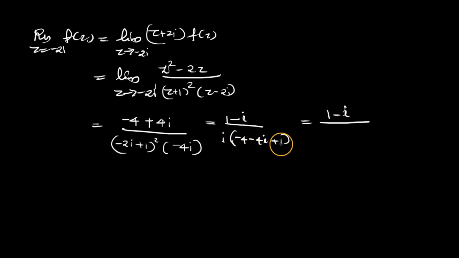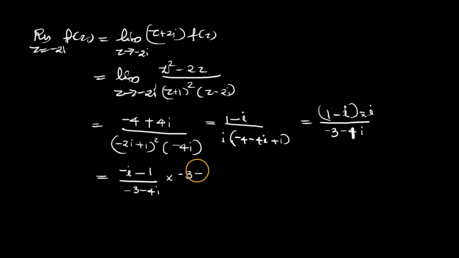So this is equal to 1 minus i divided by i into (minus 4 plus 1, which is minus 3 minus 4i). 1 by i is minus i, so we use minus i into minus i. So this is equal to minus i plus i square, which is minus 1, divided by minus 3 minus 4i.